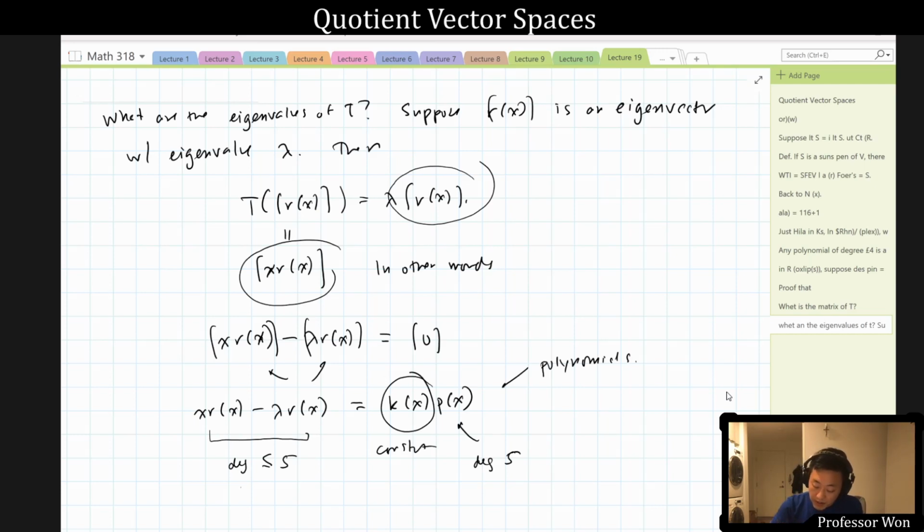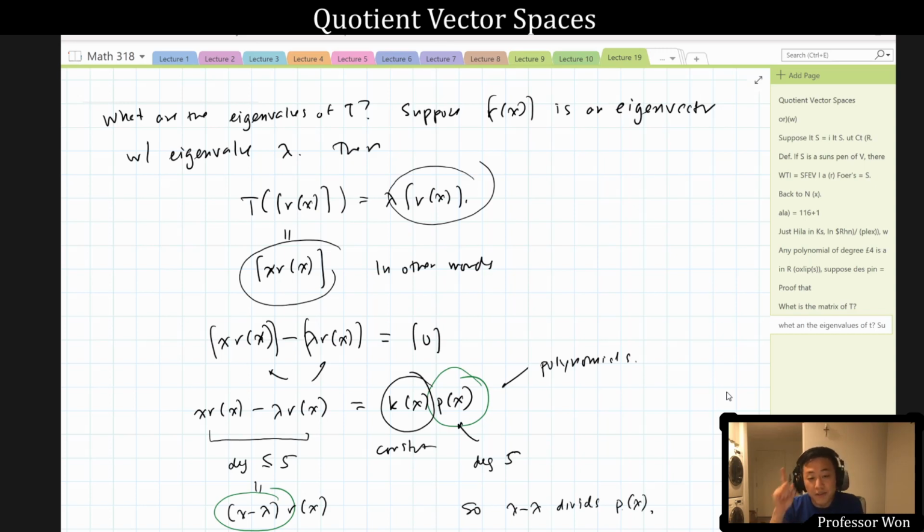So this side is also x minus lambda times R of x, which tells you exactly that P of x has a factor of x minus lambda. So x minus lambda divides P of x.